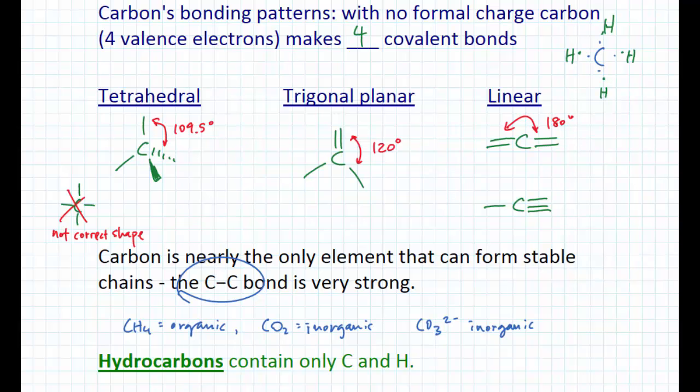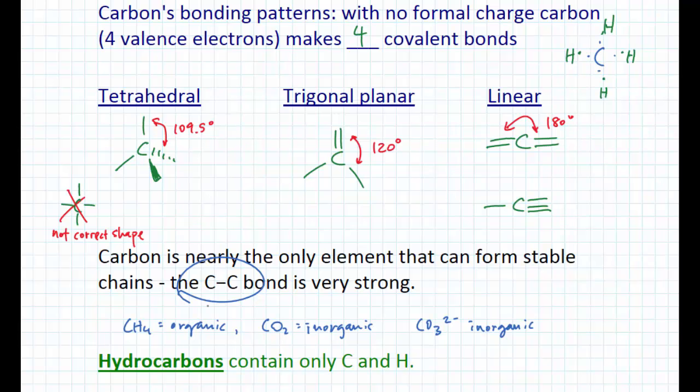So that's what we're going to focus on now, in this chapter. Because carbon can make 4 bonds, and because the carbon-carbon bond is very strong, there are essentially endless possibilities for making large molecules. It can make big long chains, it can make rings, big branches, okay, all kinds.